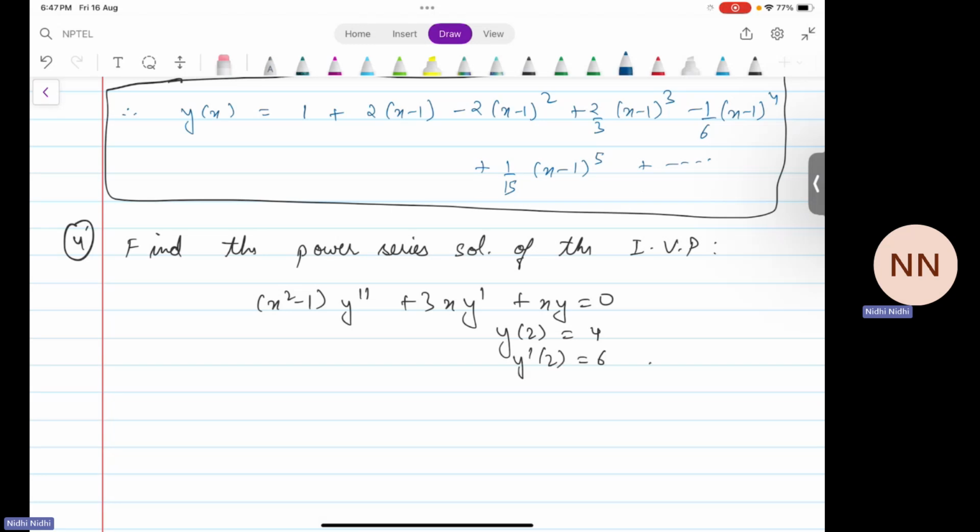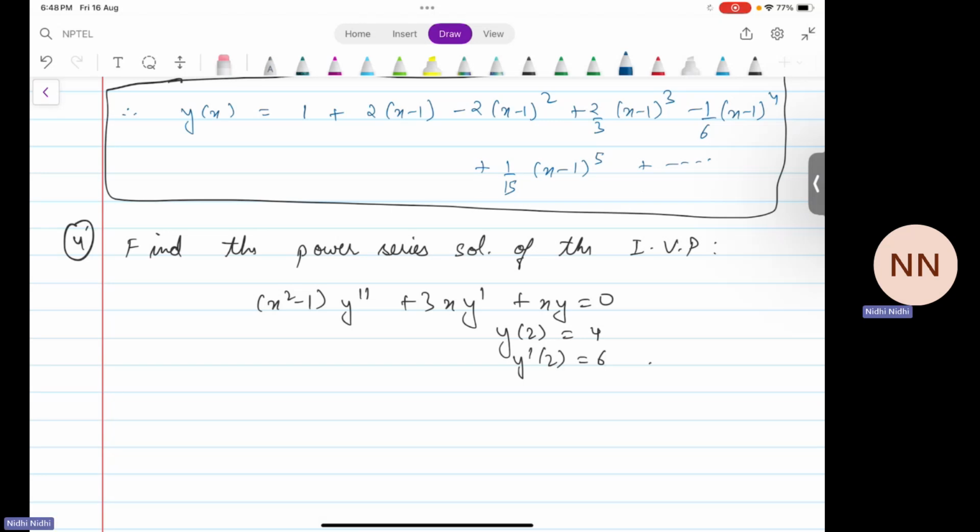Now we are not given the point where we need to find the solution, but we can guess that using the initial condition. We are given the values of y and y dash at x equals 2.